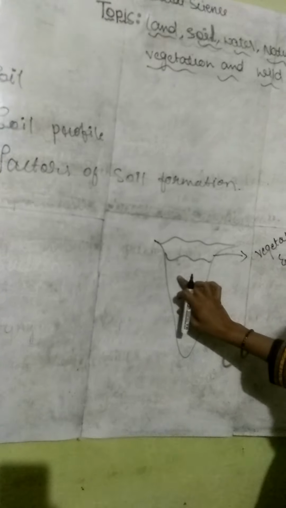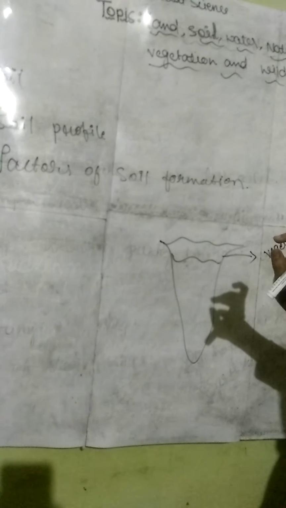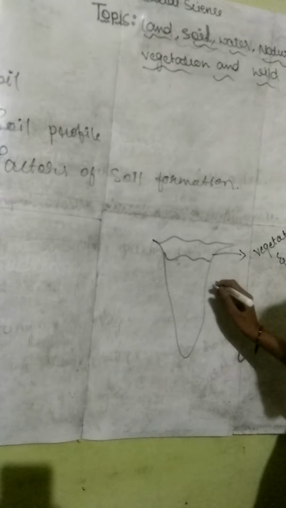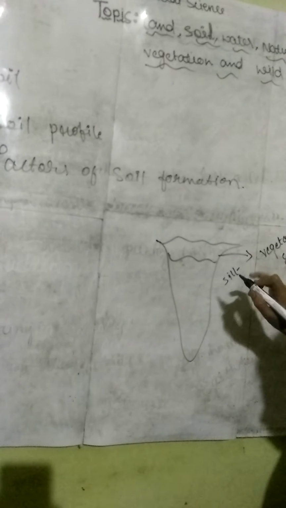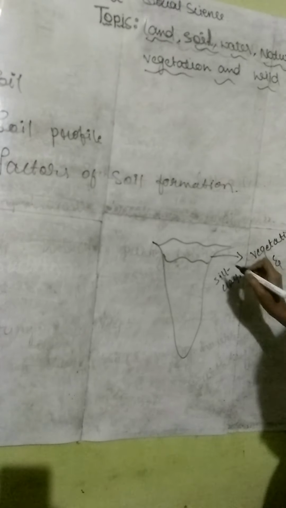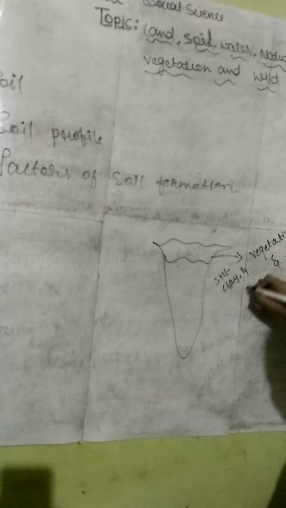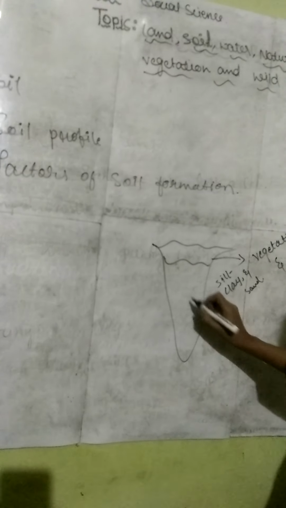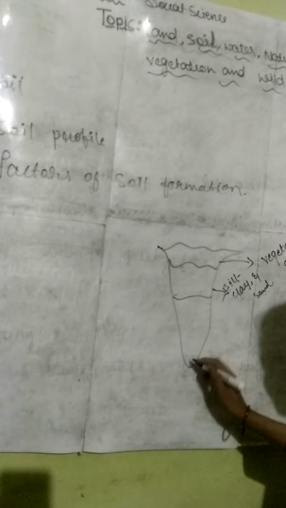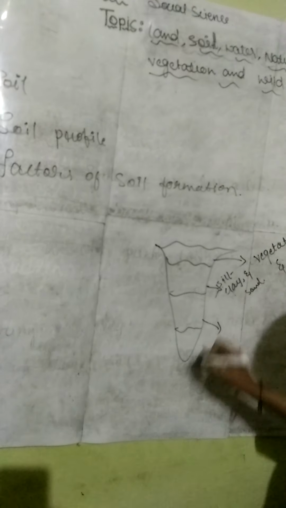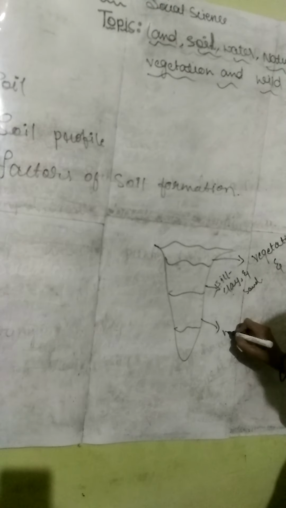Secondly, we will see soil in the form of silt, clay and sand. In the second layer we see silt, clay and sand, and in the third we see the weathered rock material.